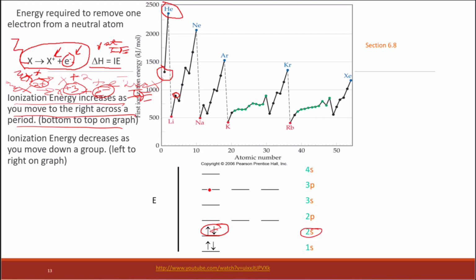Now what's happening? Well, let me go ahead and erase that. We're going to jump up to boron, which is atomic number 5. I did all my graduate work in boron chemistry. And boron has a little bit lower ionization energy because this electron is at a slightly higher energy level.